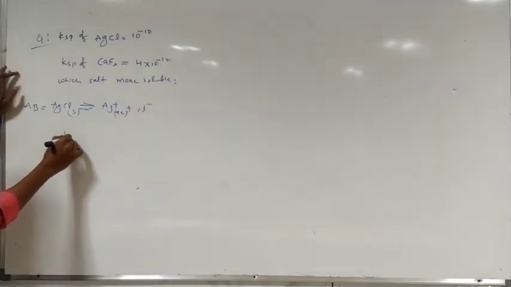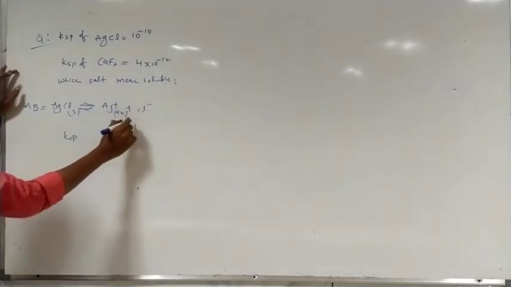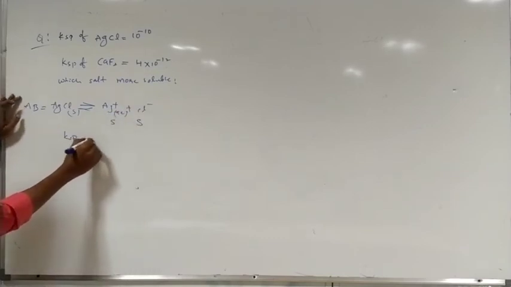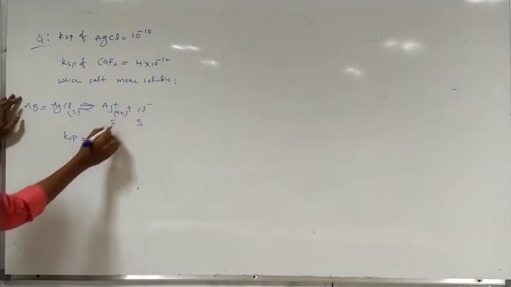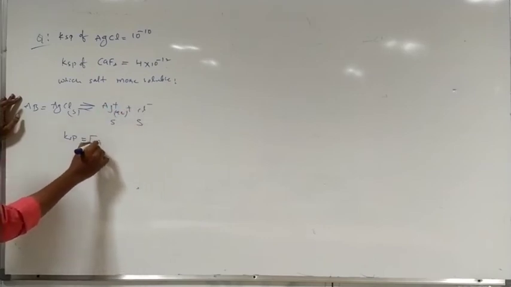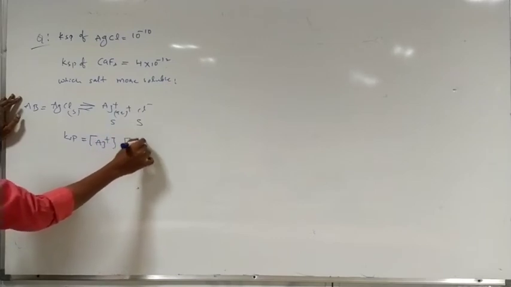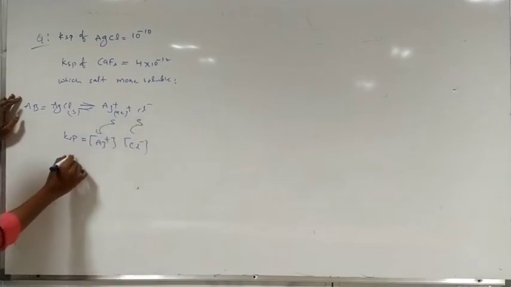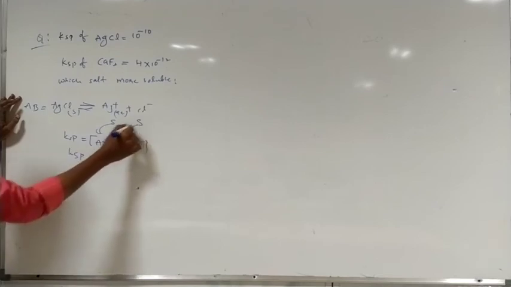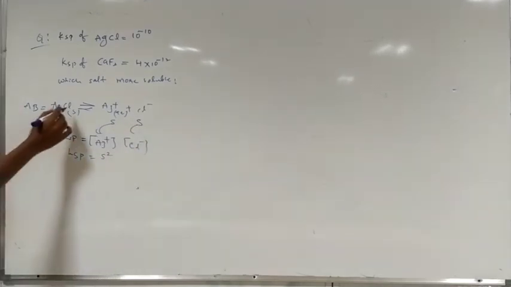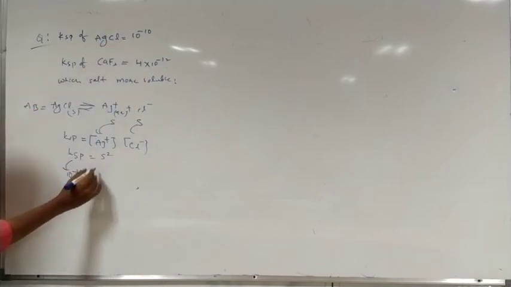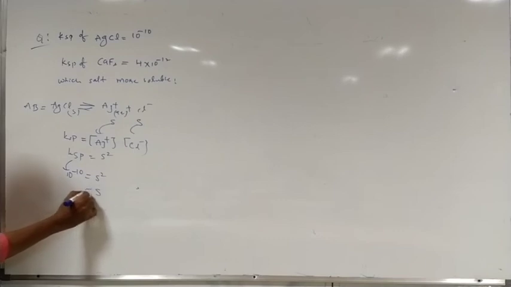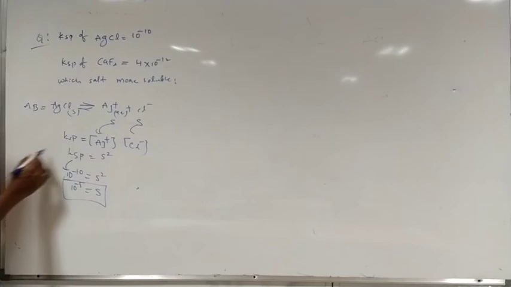For this one, S, 1 mole, and here Ksp is equal to the concentration of Ag plus into the concentration of Cl minus. Here Ksp is equal to S into S, S square. And what is the Ksp value given? Ksp is 10 to the power minus 10, here S square. What is the S? S is equal to 10 to the power minus 5, for AgCl.